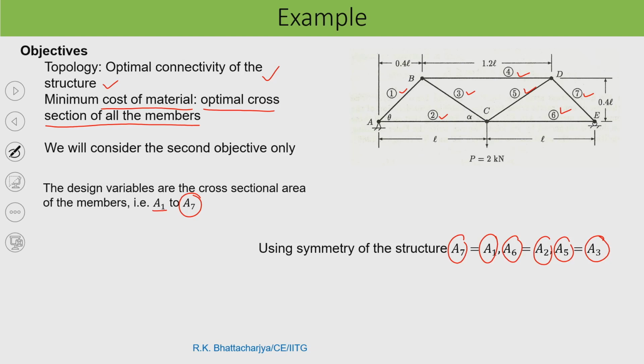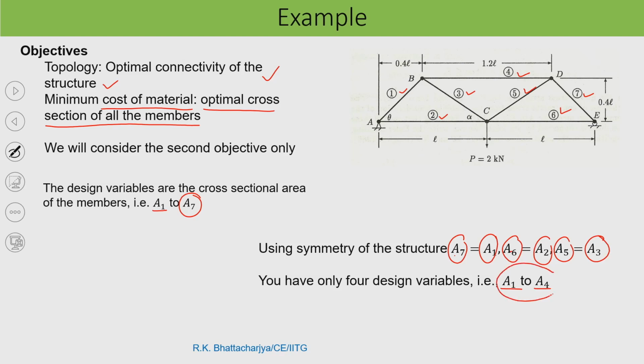Therefore, if I use the symmetry of the structure in this particular problem, the cross sectional area of the 7th member equals that of the first member, then A6 equals A2 and A5 equals A3. So, I can only consider A1 to A4, because A5 equals A3, A6 equals A2 and A7 equals A1.